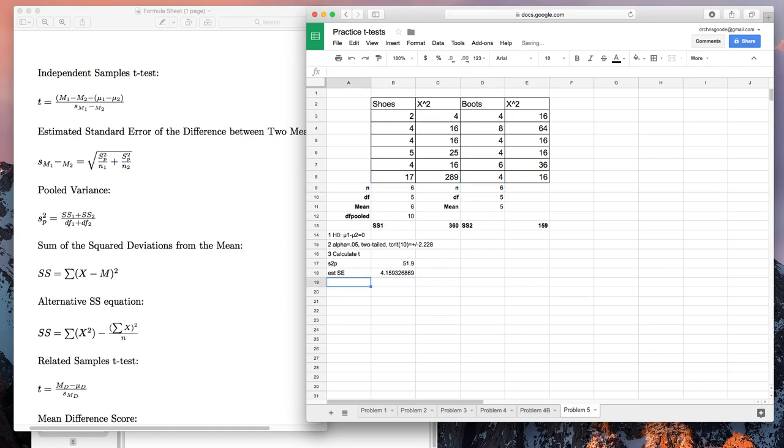That's our estimated standard error, which means that t is the difference between your two means, mean 1 minus mean 2, divided by estimated standard error. We're going to need a decimal. Let's align these all right and clean things up just a little tiny bit.